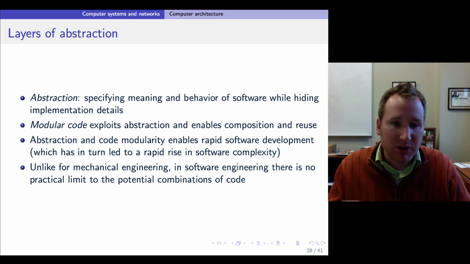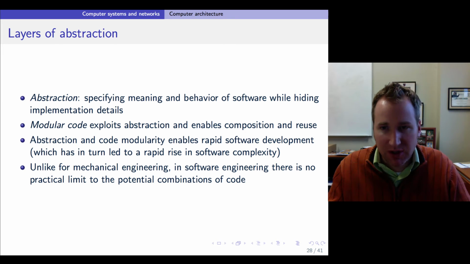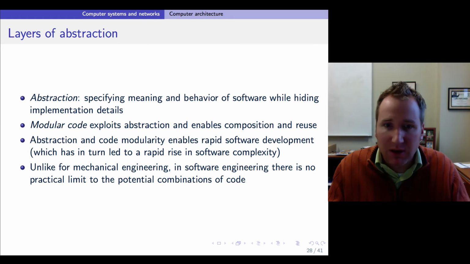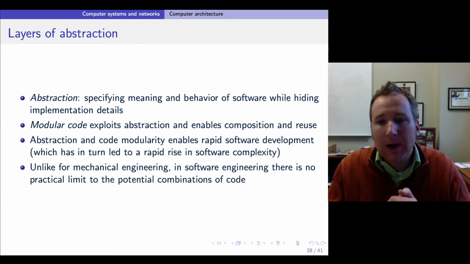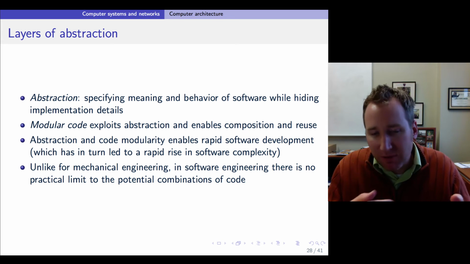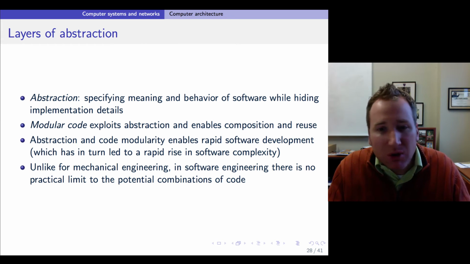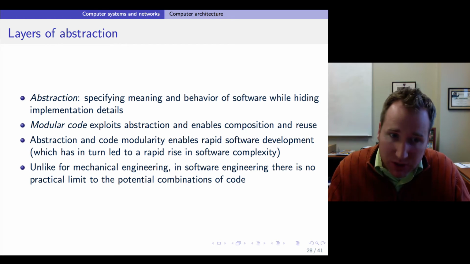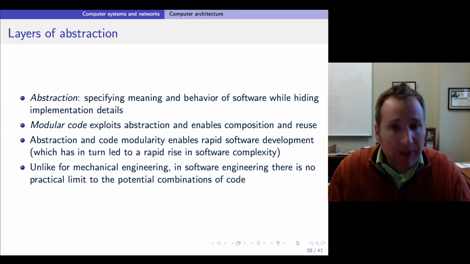The importance of modular code is that it exploits abstraction, and so you can define a method which would implement a certain function, and others can use that function without needing to know exactly how the implementation worked. This enables composition of functions and code reuse, which makes computer programs much more powerful.